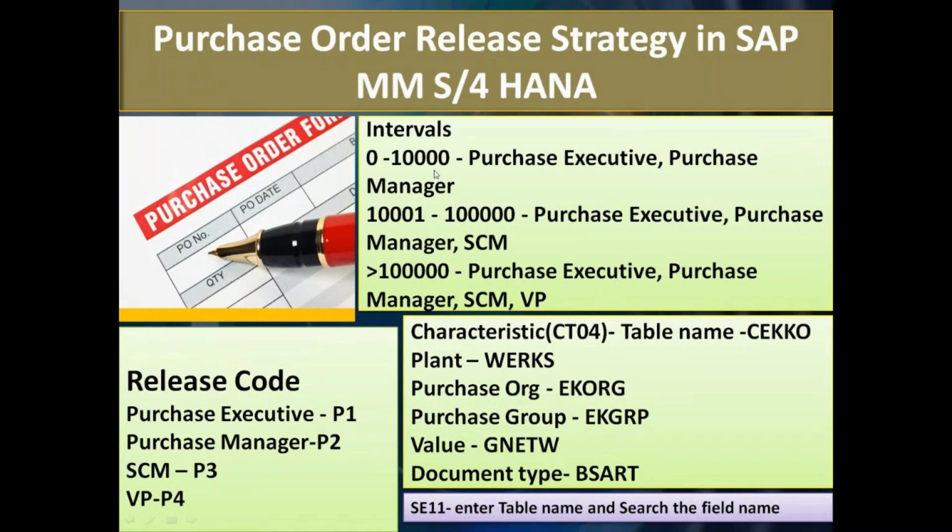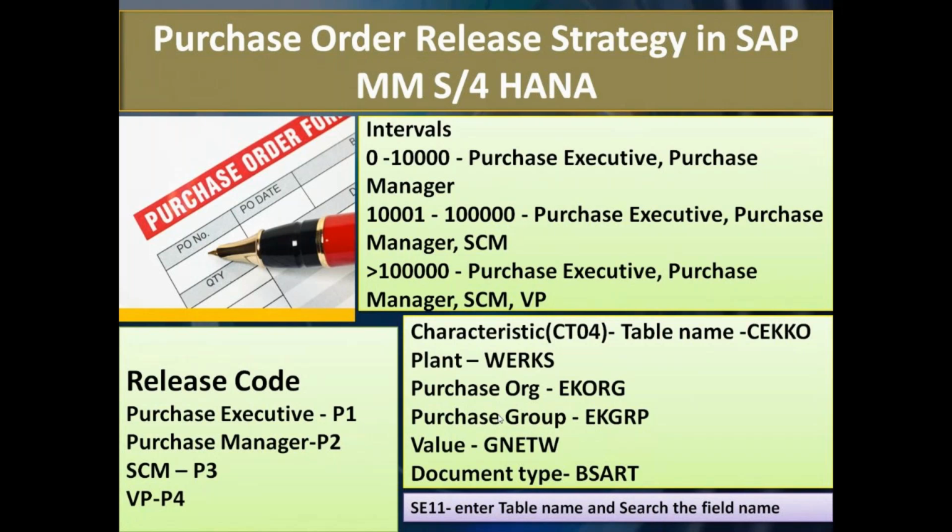You know that these are the approvers for this interval, but for which plant they will approve, for which purchase organization, for which characteristics they will approve, that is what we need to maintain. So according to my first strategy, the first interval in the first strategy, 2 persons should be there for the approval, and these are my characteristics.